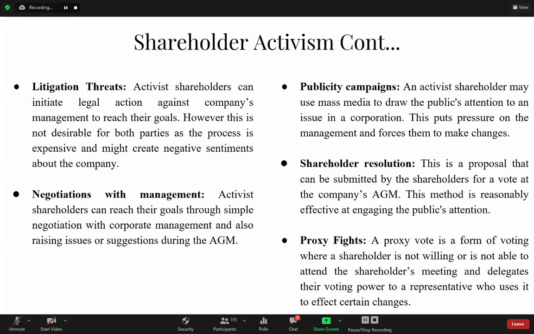So what happens during proxy fights? It's possible to transfer your voting rights to another shareholder who will vote on your behalf. That shareholder will use the voting right you have transferred to vote for a certain change, which might be ejecting a certain director or something like that. That's it.